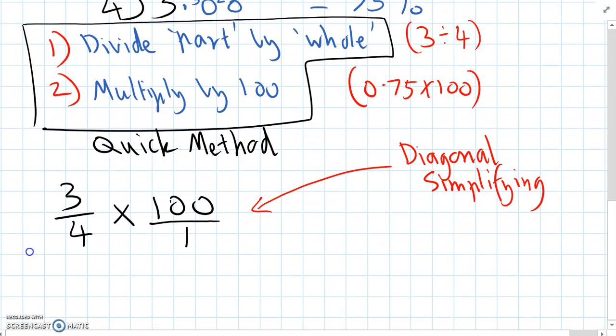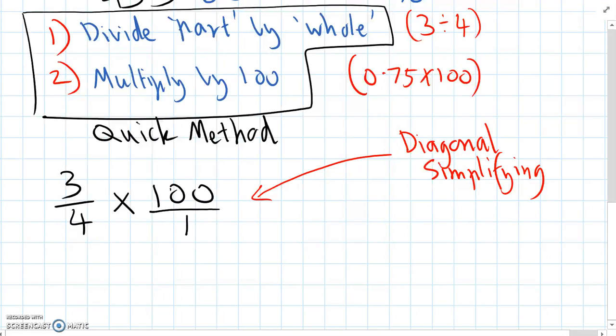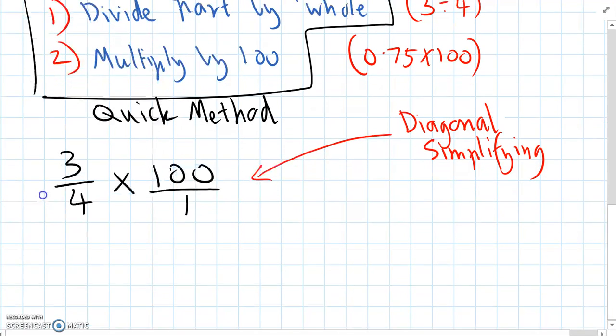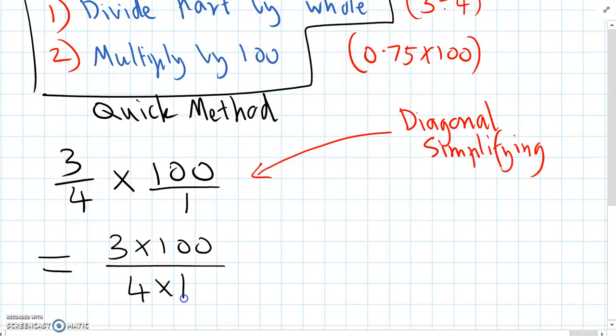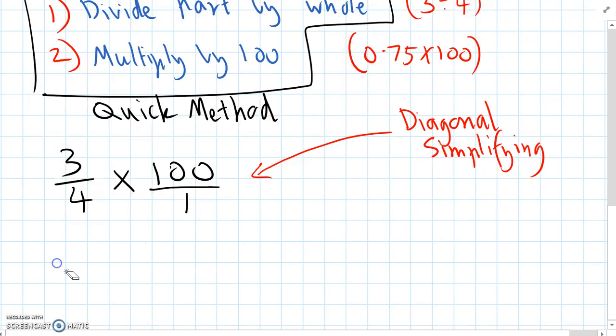And diagonal simplifying works because when we multiply 2 fractions together, remember we multiply the numerators and multiply the denominators. So we have 3 times 100 over 4 times 1. And we can divide any of these numbers by a common factor to simplify them. But we do it earlier on, before we write out that step.